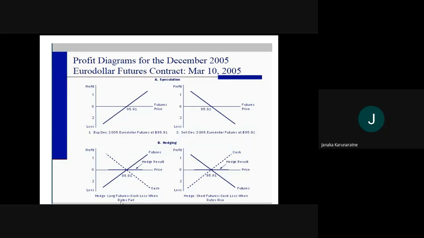Let's say you want to borrow $10 million in September. Okay, $10 million in September. So what can you do? But you have a concern that based on the current market interest rate environment, the rates will rise. So what is the risk to you?